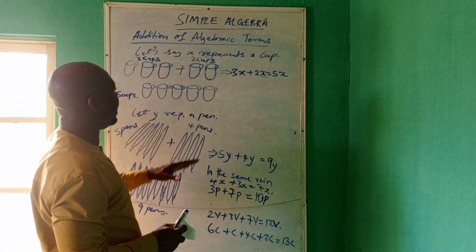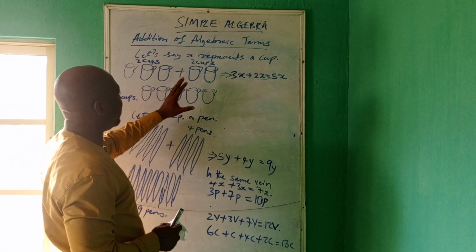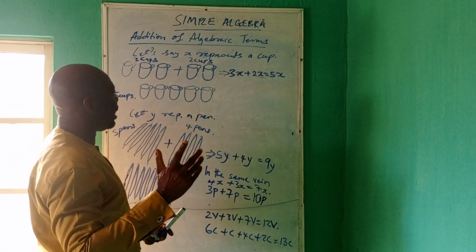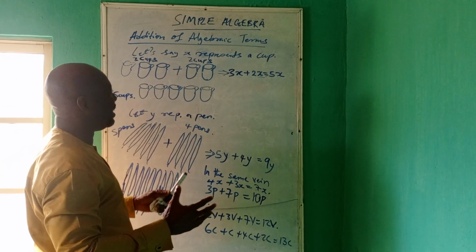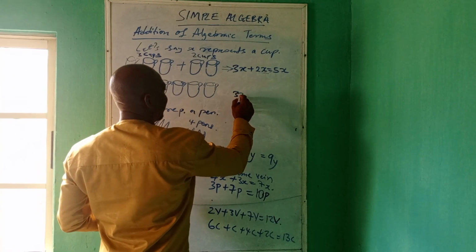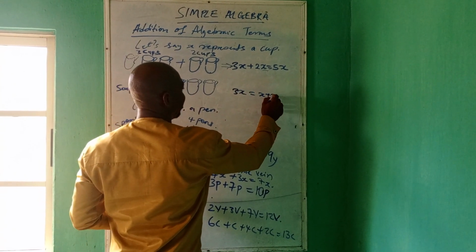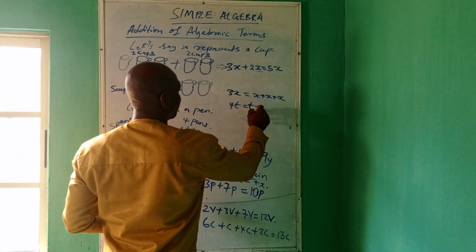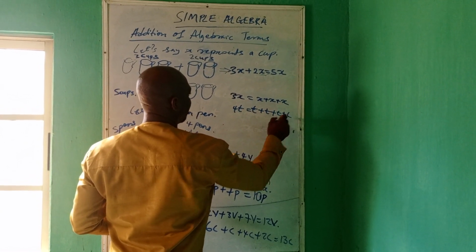These terms we got in our last class, in the last video we did, where we made explanations of things like 3x means x plus x plus x, and 4t means t plus t plus t plus t.